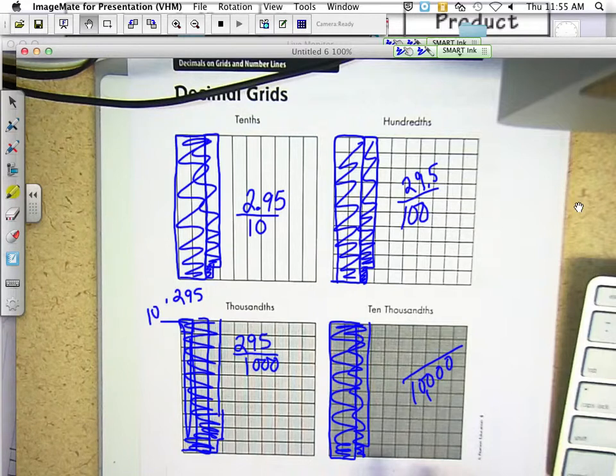So I see 2.95, 29.5, 295 out of 10,000. 2,950 little tiny squares, right? Those are all the fraction equivalences.